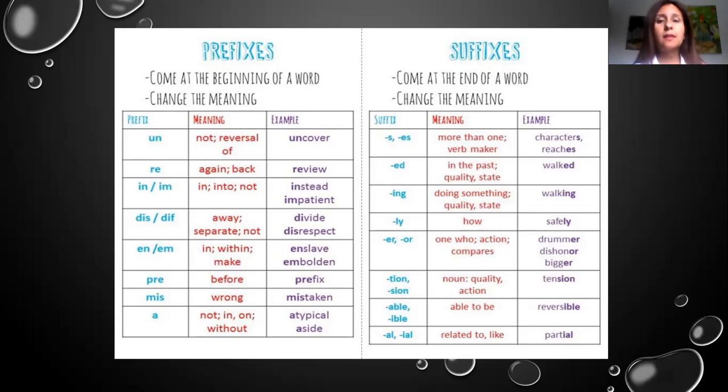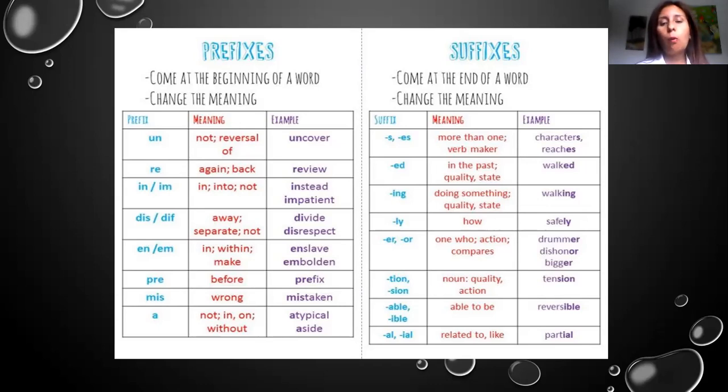And the suffixes that come at the end of the word also change the meaning of the word. And could be s or es, and that would be more than one, or the verb marker, as you have seen in the third person singular. The ed, it is in the past. Ing, that you know as the gerund form, or the ly, like how, in a way, in a manner, safely.